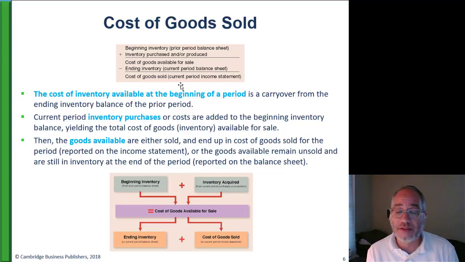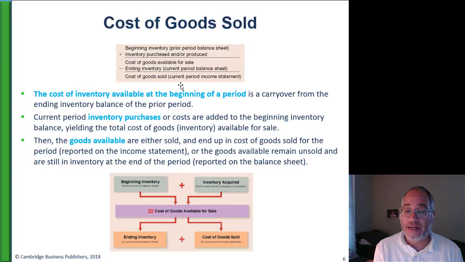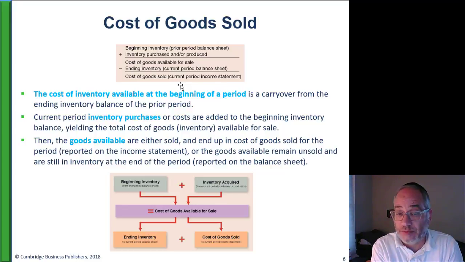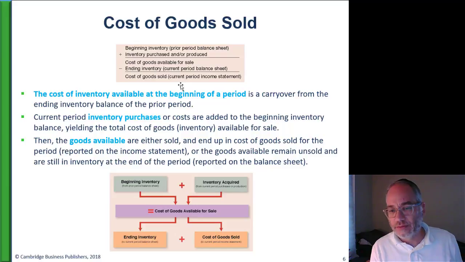And a good way to think about it is the diagram below. That is your beginning inventory plus all the inventory you purchased, inventory acquired, would comprise total goods available for sale. So goods available for sale consist of two components. One, whatever you started the year with, and two, whatever you purchased during the year. And then that's everything that you had during the year. Now, some things are still here, that's ending inventory, and some things were sold, that's cost of goods sold.